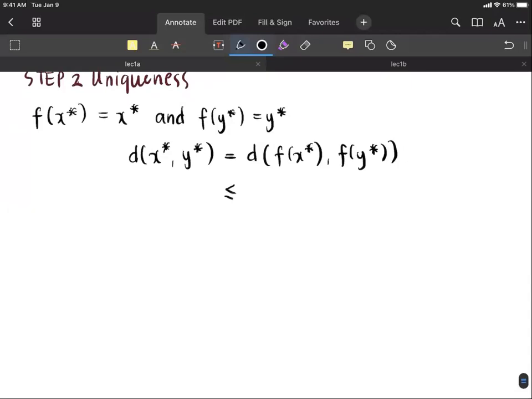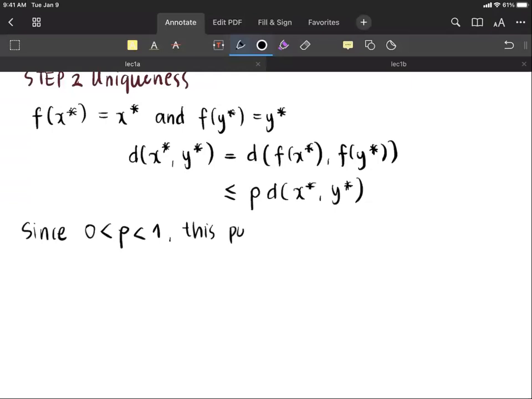And the fact that f is a contraction implies that the distance between the images is less than rho times the distance of the inverse images, x star and y star. Now, since rho is positive and strictly less than 1, this is possible only when the distance is 0.